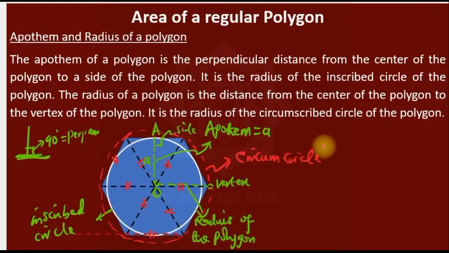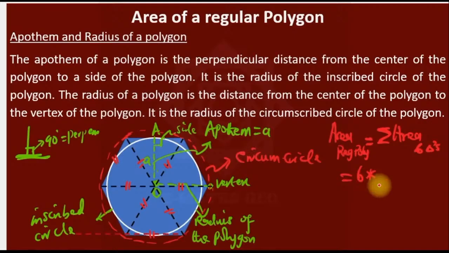So what am I trying to derive? I'm trying to derive that the area of this regular polygon is equal to the summation of the area, that's the sum. This symbol sigma means sum. Sum of the area of the 6 triangles. And we know that the area of a triangle is half base times height. Since I have 6 of them, if I know the area of one, I multiply by 6.